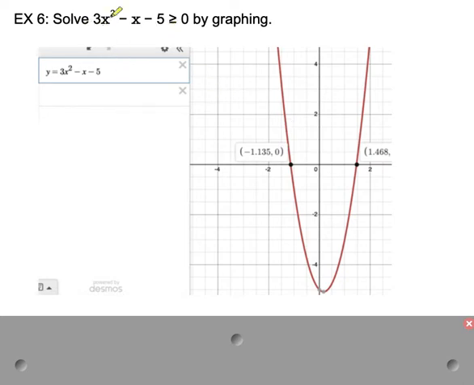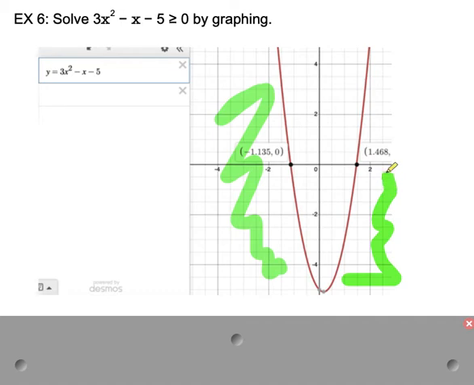Well, 3 times 0 squared is 0, minus 0, 0 minus 5. That's not true. So normally, if we wrote it in two variables, it would be on the outside. Now here's the catch. It's not on two variables. So what it is asking for in the graph is where are your x values, since there's no y's, where are your x values shaded in?